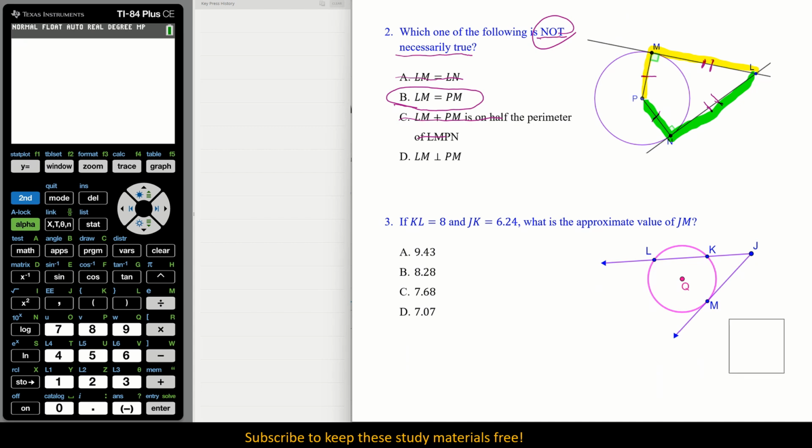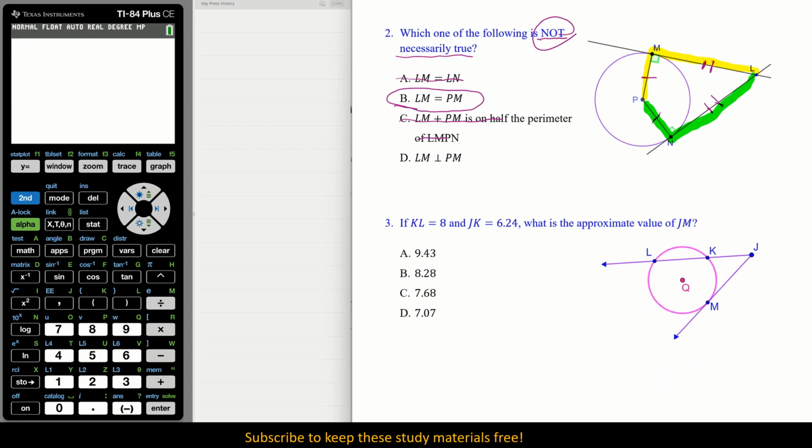Number 3 says if KL equals 8, so let's label this KL equals 8, and JK equals 6.24, what is the approximate value of JL?